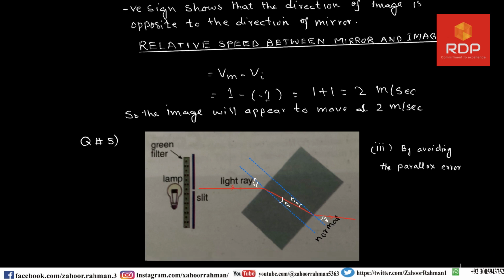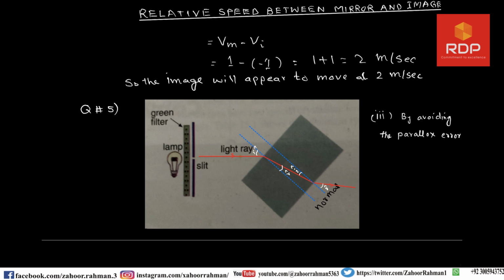The final question is question number 5. And question number 5 has given us this figure, which you can see right now on your screen. Now the question is saying, in an experiment to determine the refractive index of glass, a student shone a ray of green light onto a thick rectangular glass block as shown in the figure.